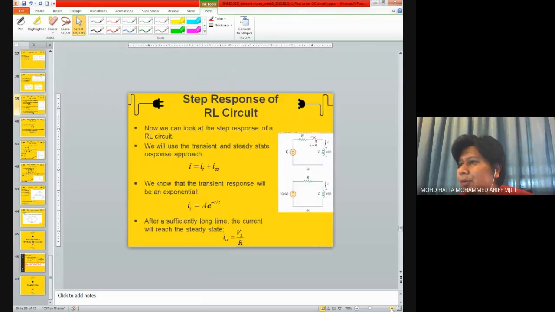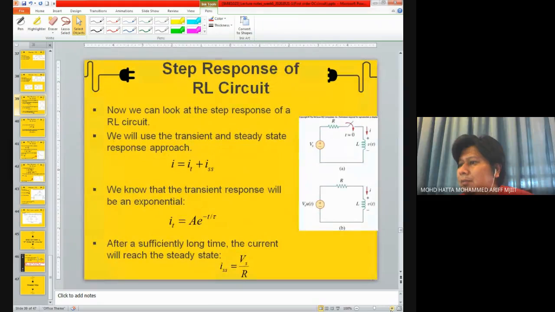I think if you understand the solution of the RC circuit step response, for the RL circuit step response the procedure or the principle is the same. Same goes to what we saw for source-free RC and RL circuit, where for the RL circuit what we focus on is the current.